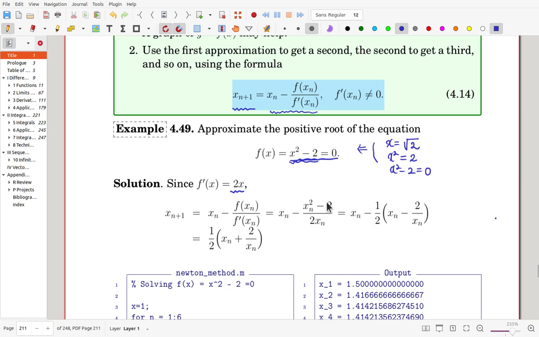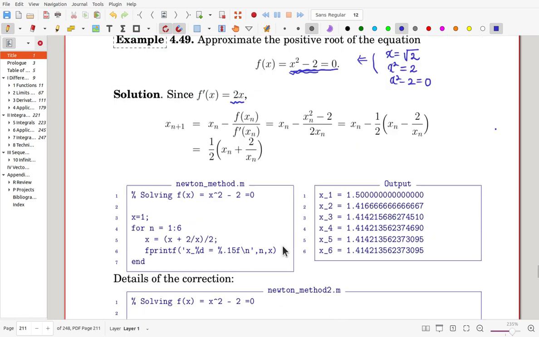Now that one will make minus 2 over xn. Now one more time, you can simplify. So xn minus half xn makes half of xn. Now here that negation makes positive, so that here we have 2 over xn. So that's the final formula for xn plus 1.